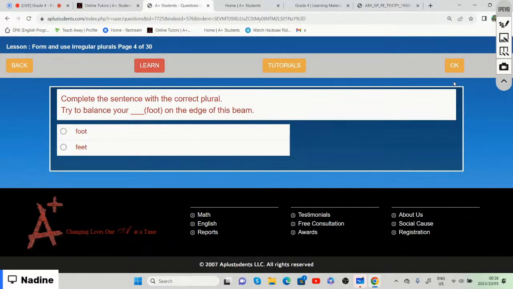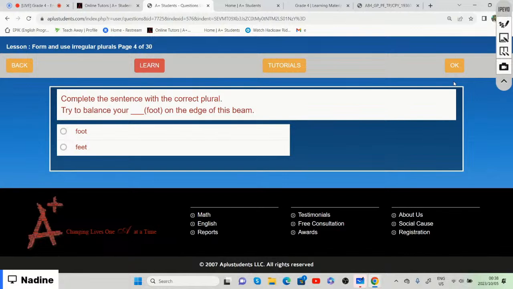Try to balance your foot on the edge of the beam. Foot. Is it foot or feet? The plural form. Foot or feet.